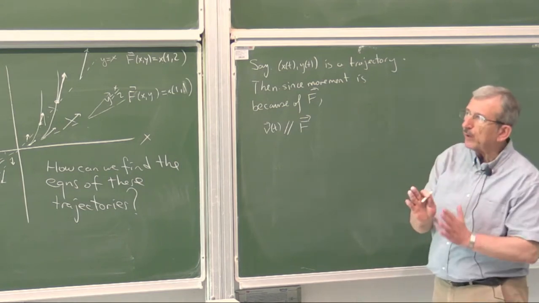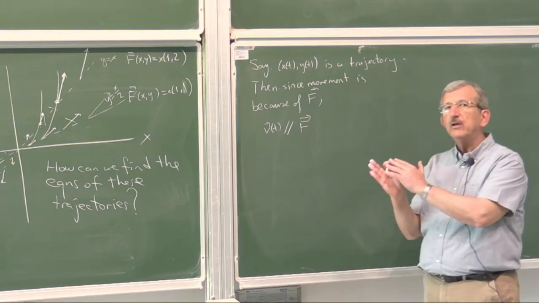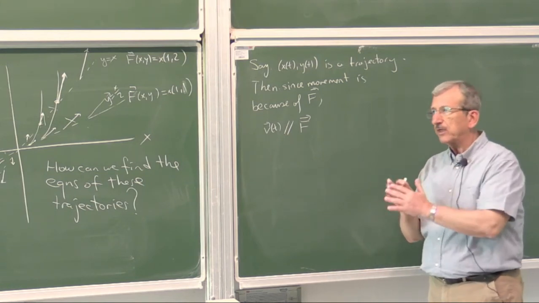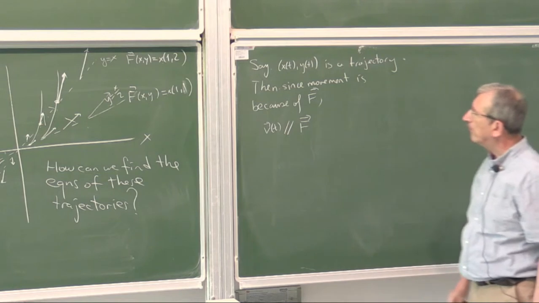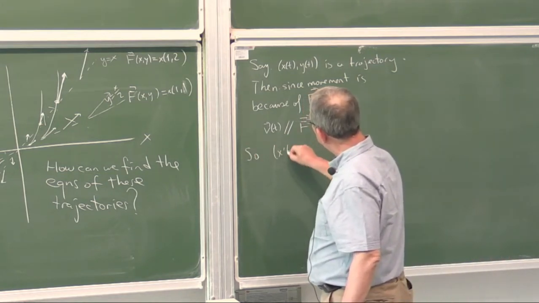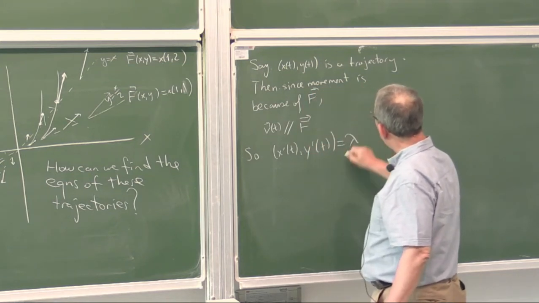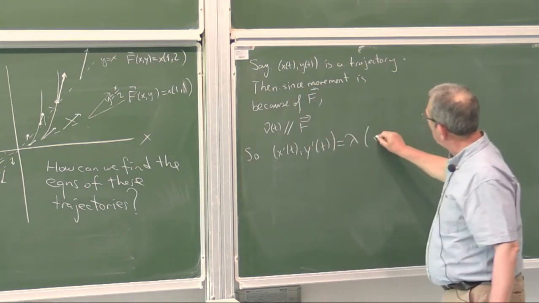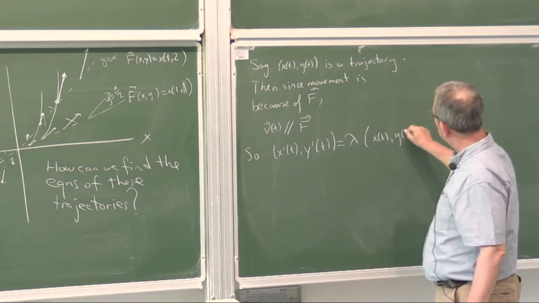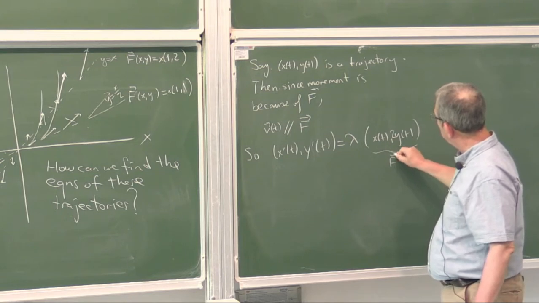That means it always moves in the tangent vector direction, and it changes its direction so that its course is on the curve. Well, this says the following: (x'(t), y'(t)) must be a multiple of (x(t), 2y(t)), which is F. That's right.